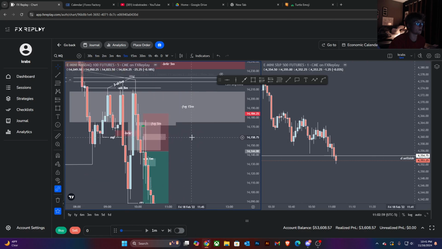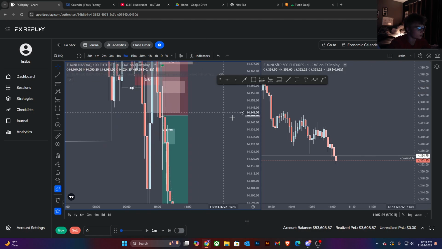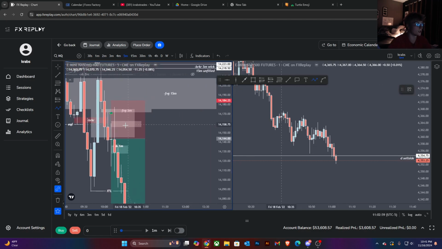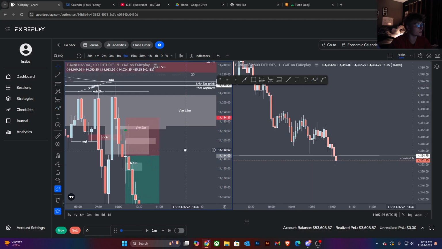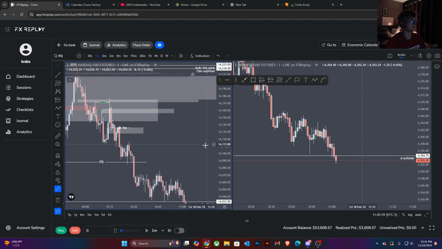This 5 minute getting left behind was really sketchy, so that's the reason I didn't take the short. Because I kind of knew that this would get traded back to like this, and you can see would have held a ton of drawdown, could have potentially wicked out. So yeah, that's that.